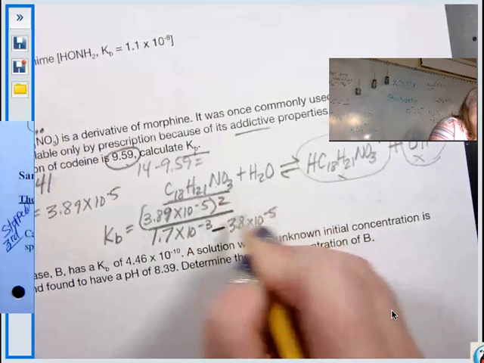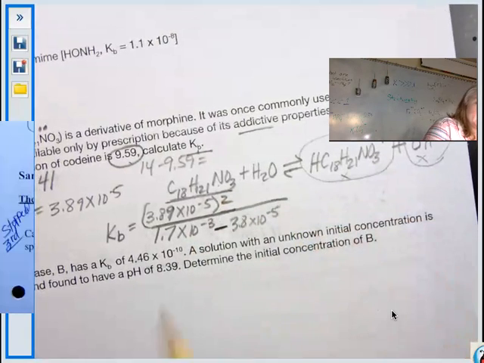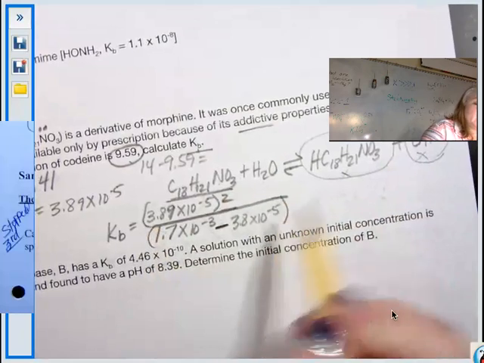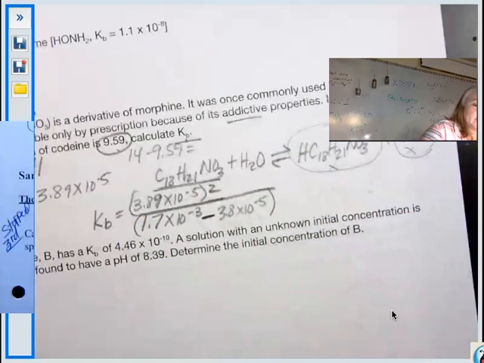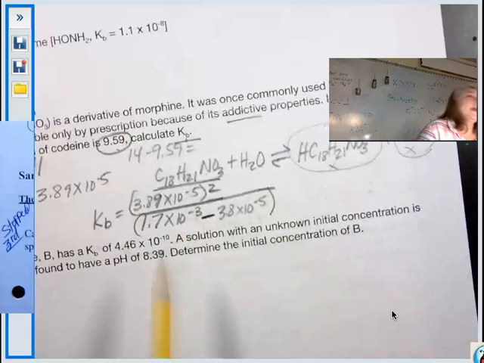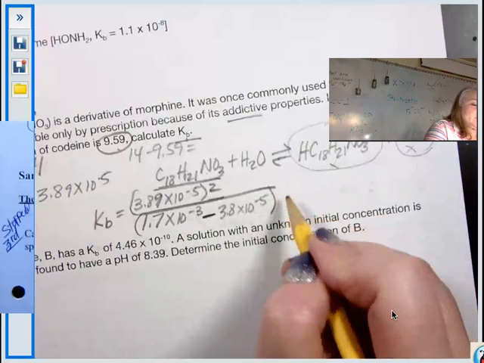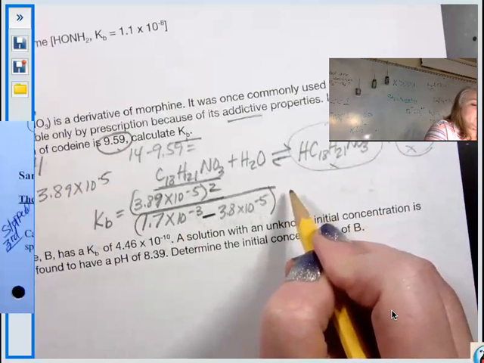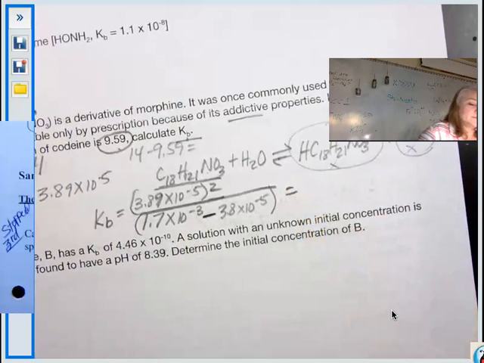It might not make a difference significant figure-wise, but we need to see. So I want one of you to calculate it without subtracting. The rest of us are going to calculate it with subtracting, and we're going to see if it makes a difference in what we write down as our answer, because we actually will need two significant figures in our answer.